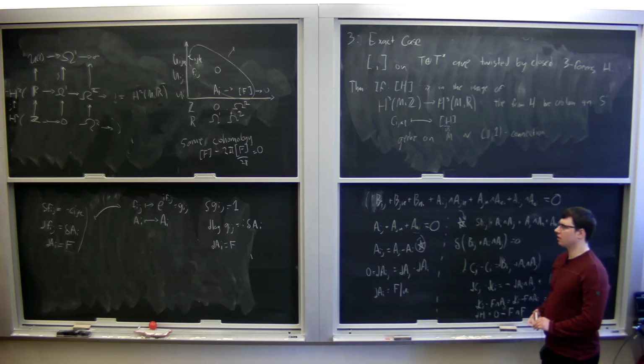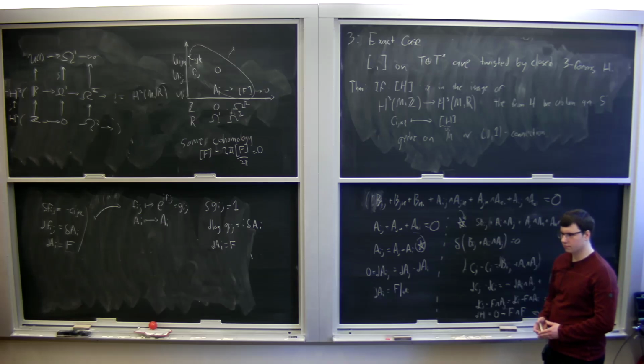Okay. Anyone? Say I tell you that I have a principal circle bundle, right? And I tell you that the curvature is just 0, completely 0. What kind of principal circle bundle could it be? Does it have to be trivial?